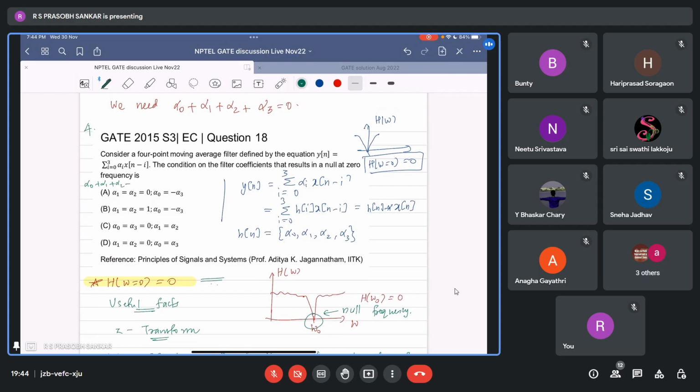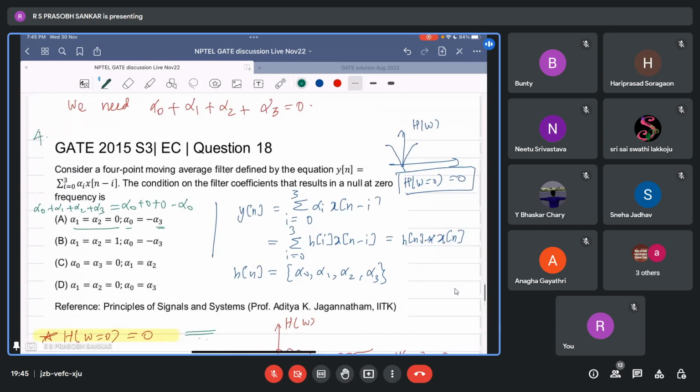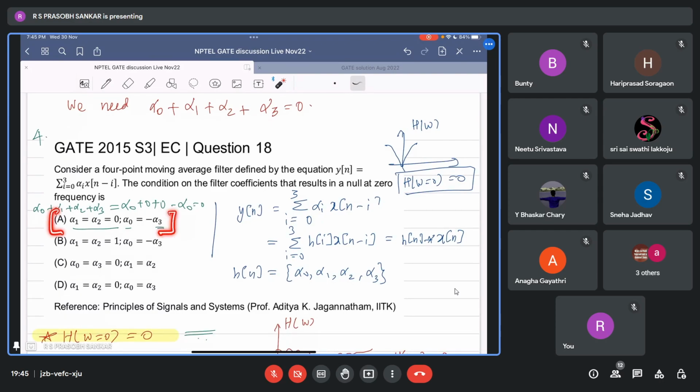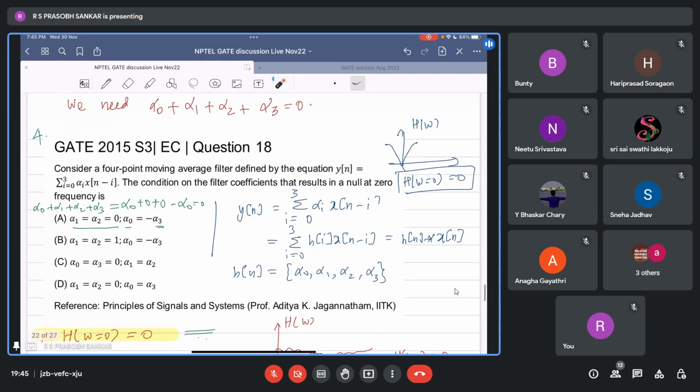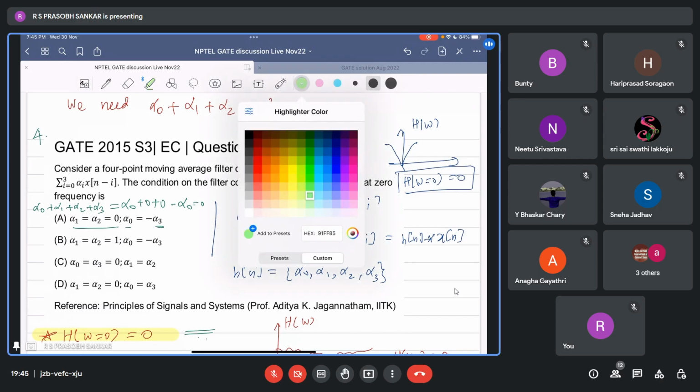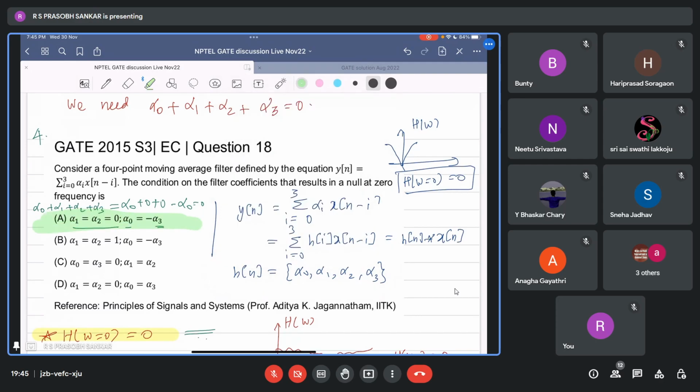Alpha 0, alpha 1 and alpha 2 are 0, 0, plus 0, and alpha 3 is minus alpha naught. So if we choose the coefficients like this, then alpha naught plus alpha 1 plus alpha 2 plus alpha 3 will be 0.